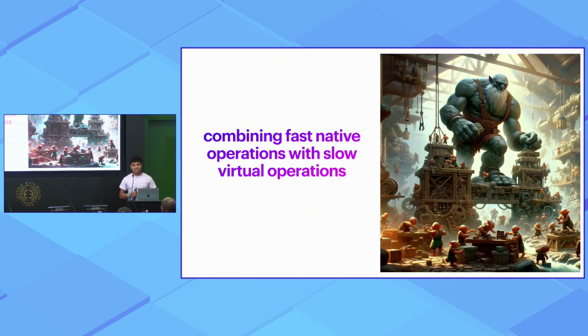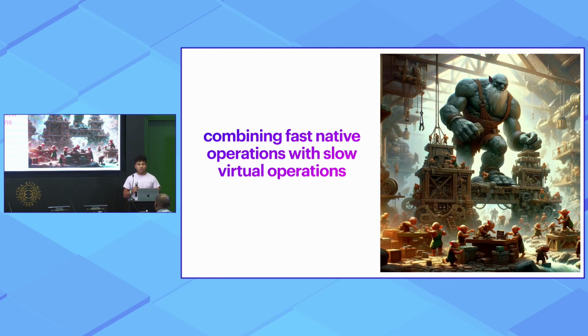Okay, so this brings us to the last optimization that I want to talk about. We all know that native operations are very fast in computers. If you want to do a native multiplication or an addition, it's very fast. But whenever you want to do a virtual operation, like a group operation or some other cryptographic object operation, it's slow.